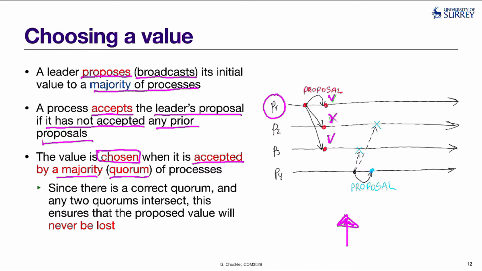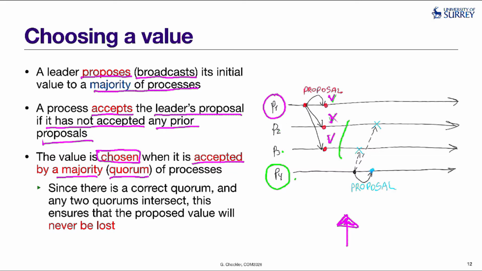Okay. And since we have a majority, the value is actually chosen at this point. Okay. So now if later on another process, say P4, becomes the leader, it won't be able to get its own potentially contradictory value chosen because every two quorums intersect, and so any quorum that P4 will be able to contact, so for example P2, P3, and P4, will have a non-empty intersection with the quorum which had chosen the value of process P1 here.